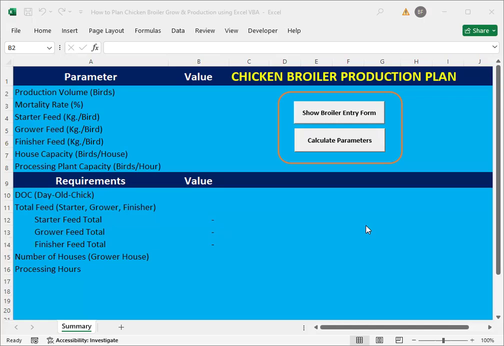So in the processing plant, we have to do some processing like cutting off the heads or cutting off the feet of the bird or removal of the feathers. And there is machinery that is going to do these processes inside the processing plant. And another process is the evisceration.